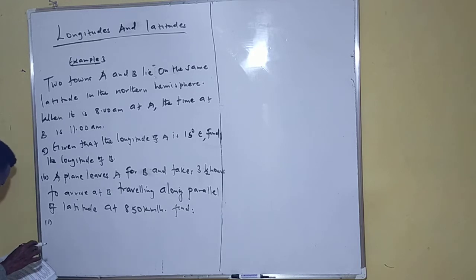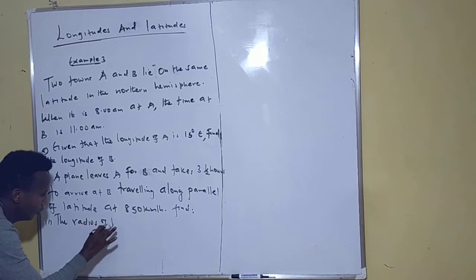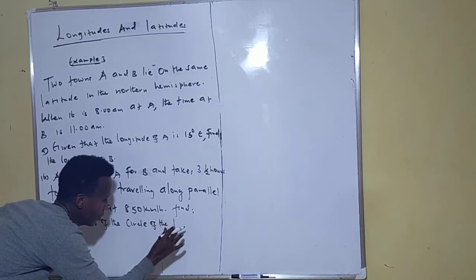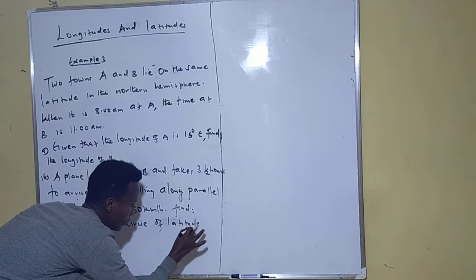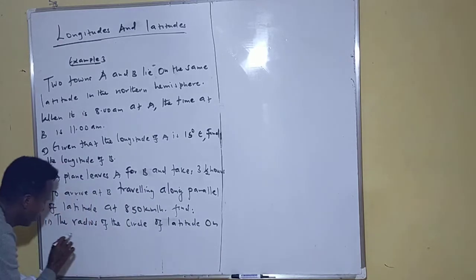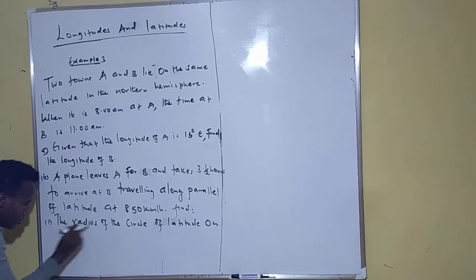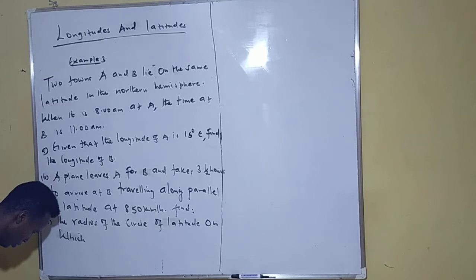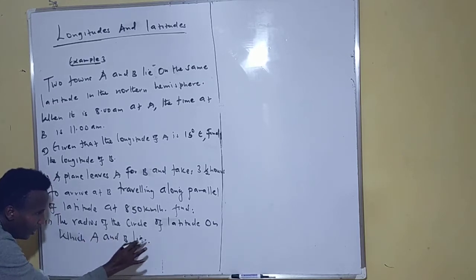Roman 1, you're told, the radius of the circle of latitude on which A and B lie, okay?